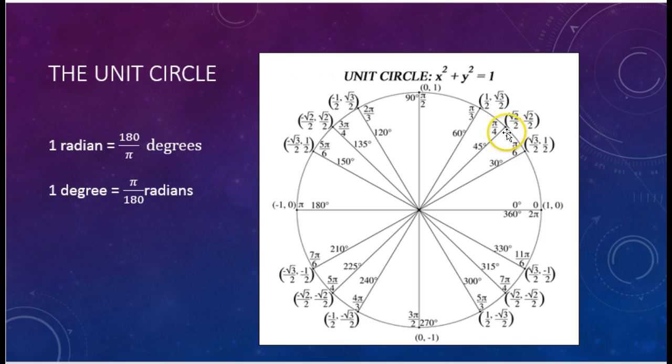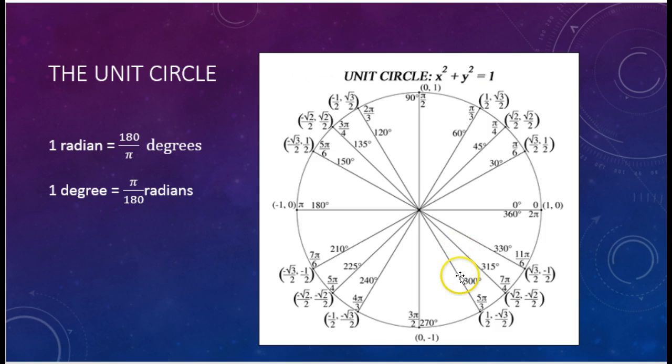And then our x and y are going to be square root of 2 over 2, square root of 2 over 2. You can use the 30-60-90 triangles and the 45-45-90 triangles to figure out all of these points around here. So that's pretty cool. That's a nice correspondence, just using what we know already about certain triangles.